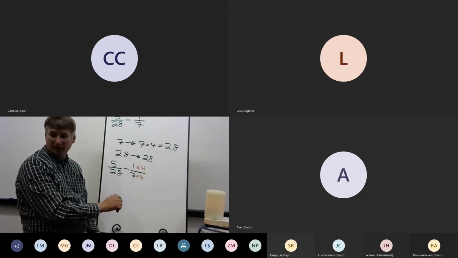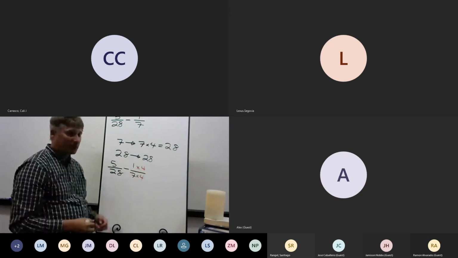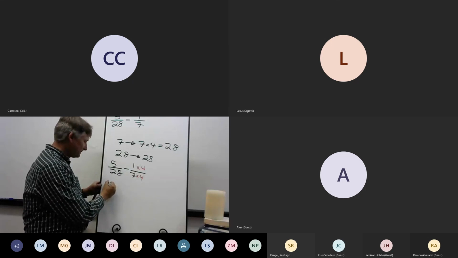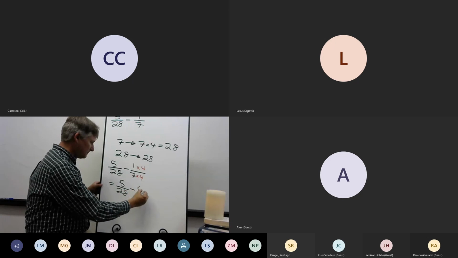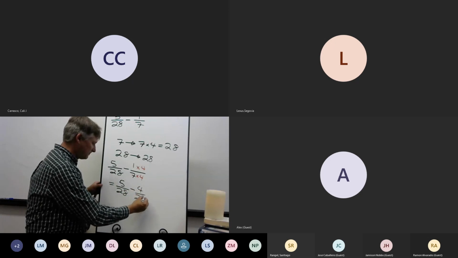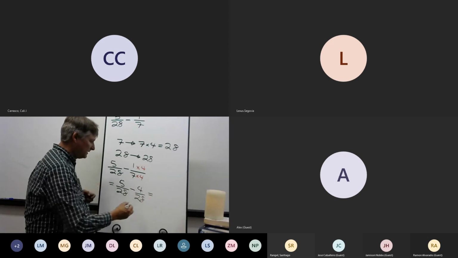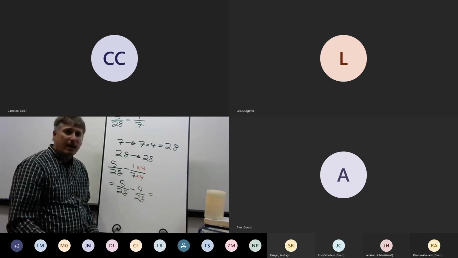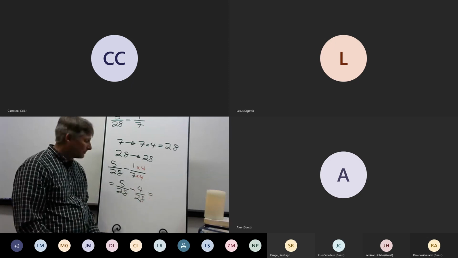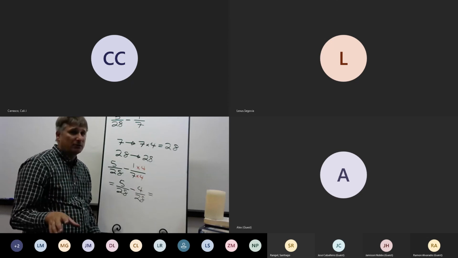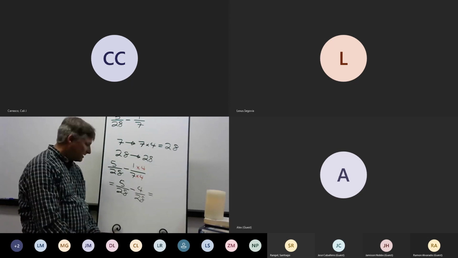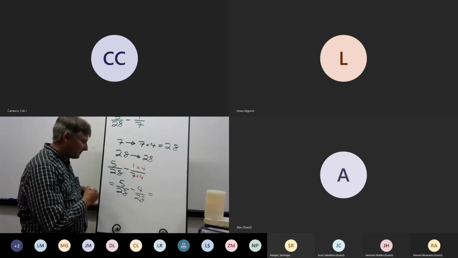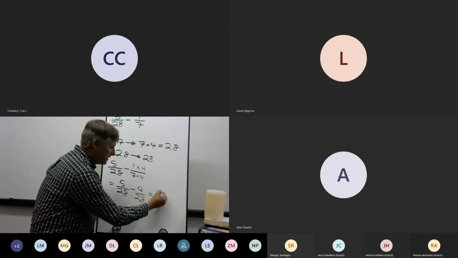We can multiply top and bottom by 4. And then for subtraction we do the same thing we do for addition. We can only subtract fractions if the denominators are the same. And because these are the same, we can subtract them. And we go about it the same way.